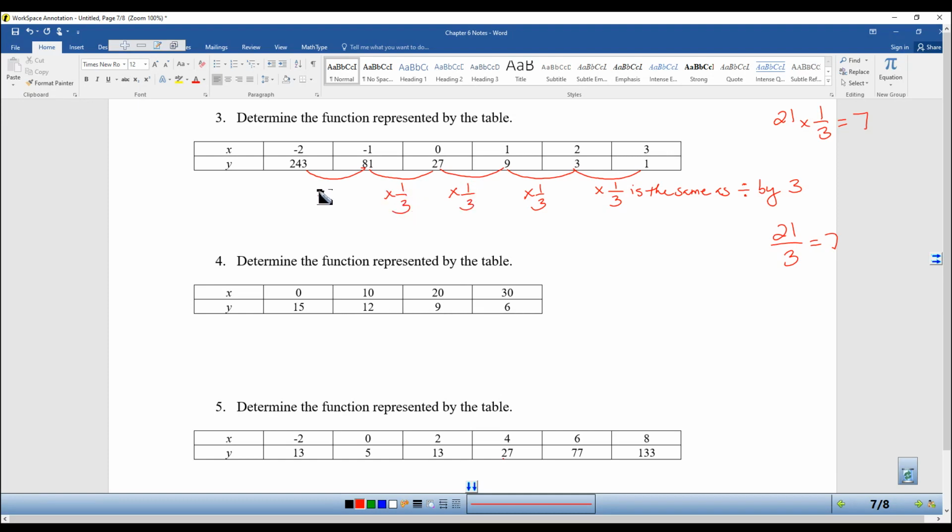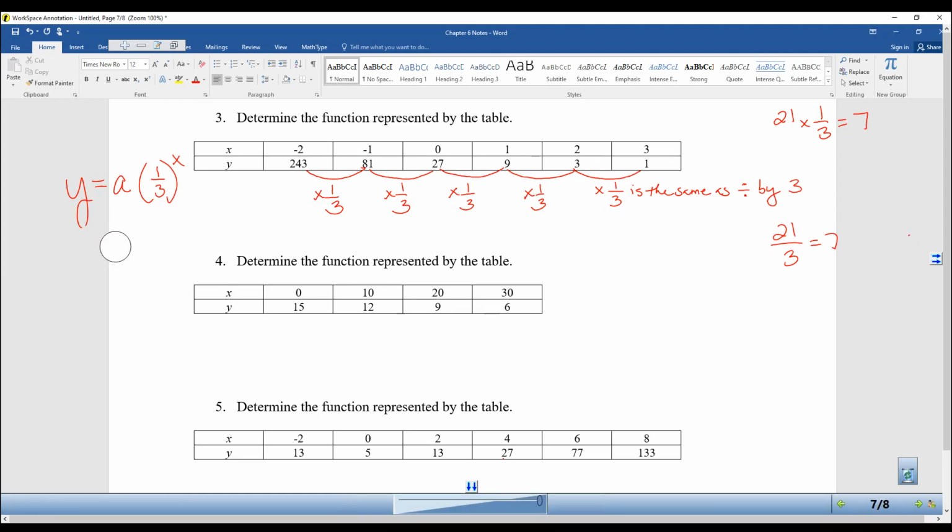But when you're writing an exponential, you can't use divided by. You have to use multiplying. So now I know that this is y is equal to something times 1/3 to the x. How do I find that something? I pick any point I want to. So let's just pick the easiest one. Let's pick 0.